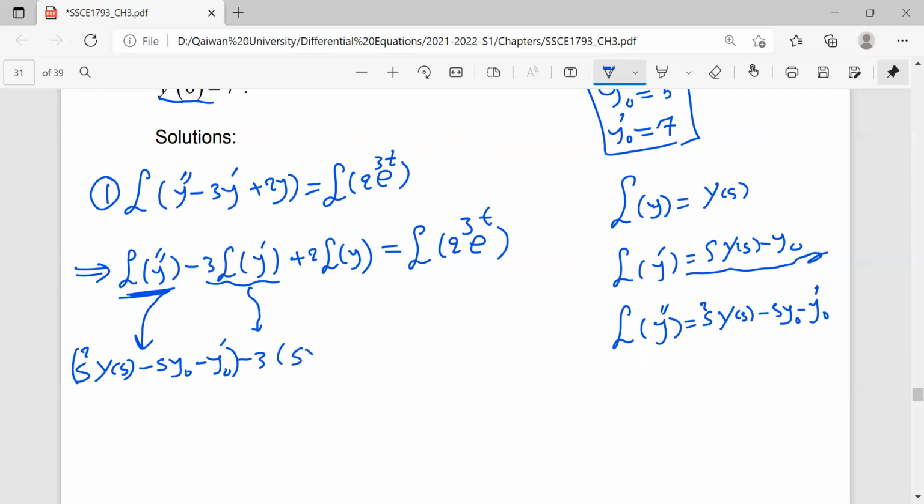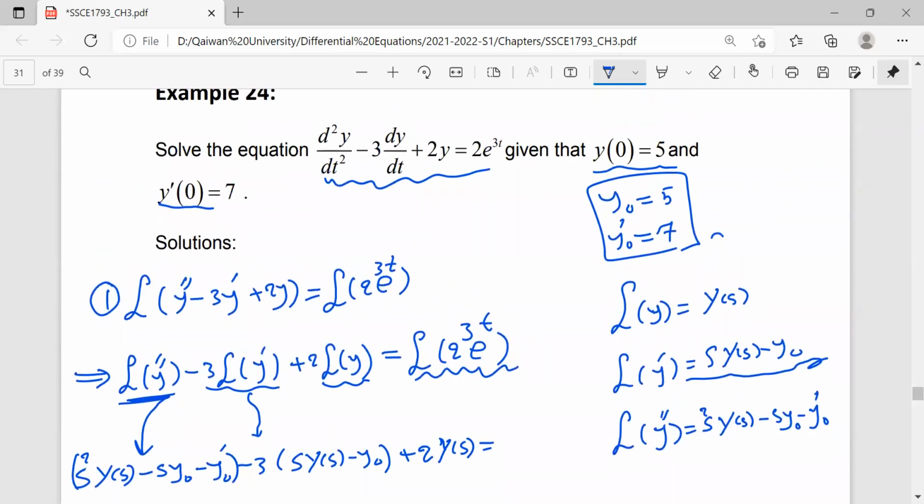And for y, it's 2 y of s, equals the Laplace transform of 2 times e to the power 3t. We say the Laplace transform of e to the power at equals 1 over s minus a, and here we multiply it by 2.